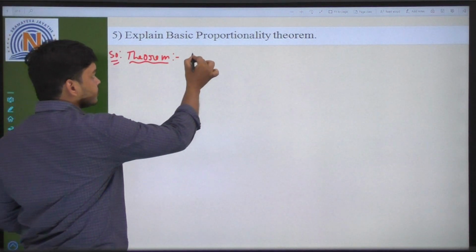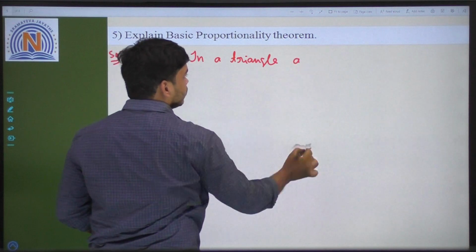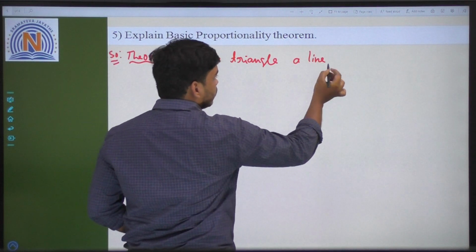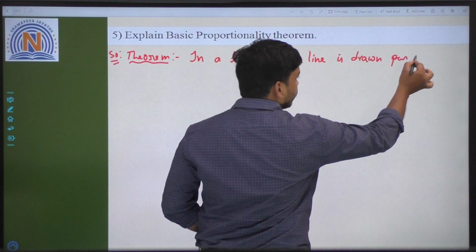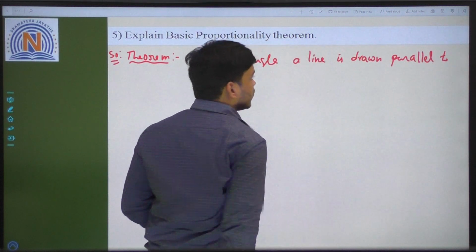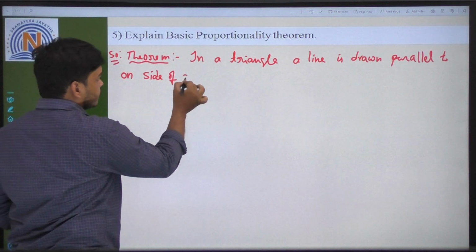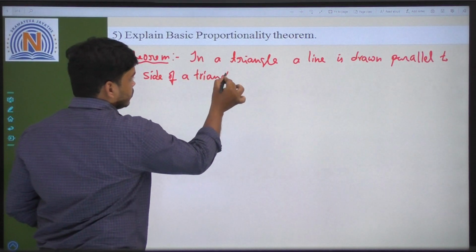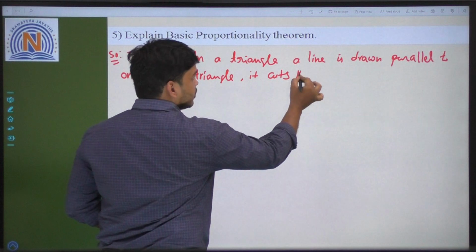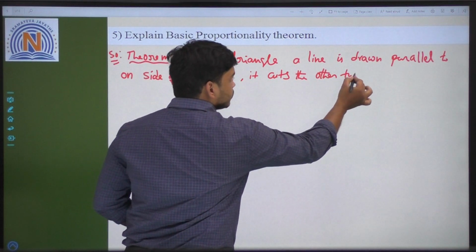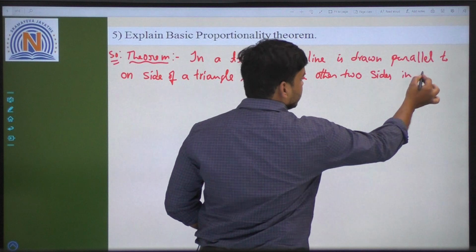In a triangle, a line is drawn parallel to one side of the triangle, and it cuts the other two sides in the same ratio.